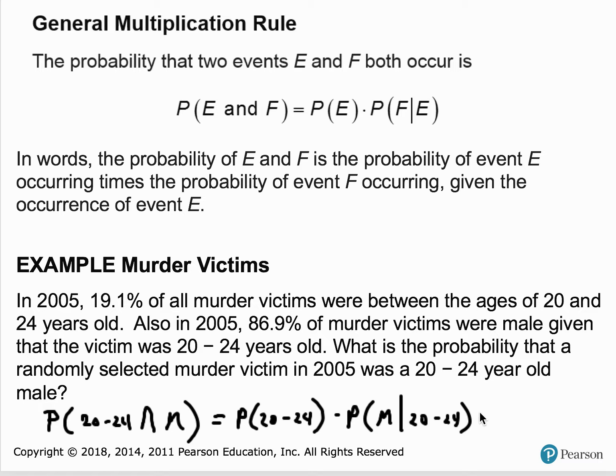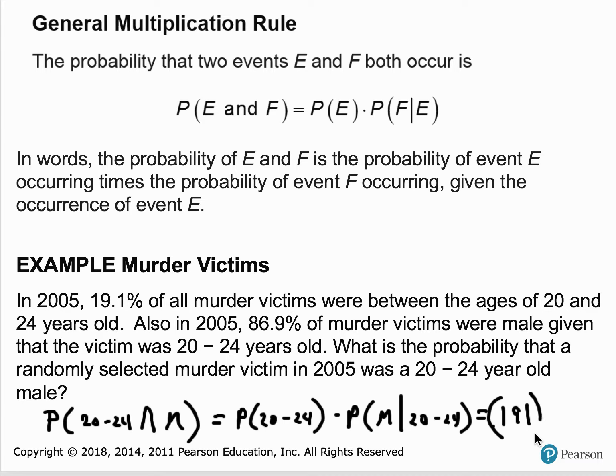So let's see. The probability that he's 20 to 24 years old, okay, 19.1% of all murder victims between the ages of 20 and 24 years old was 0.191. And in 2005, 86.9% were male, given that they were 20 to 24 years old.